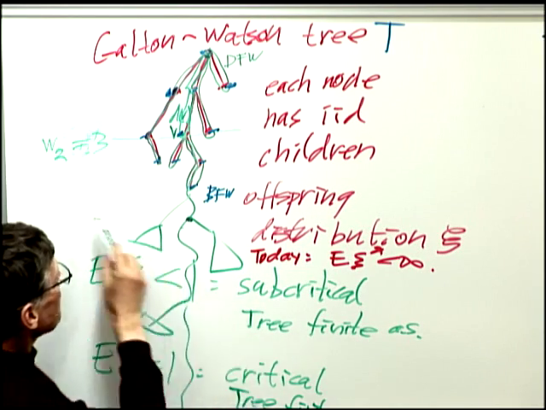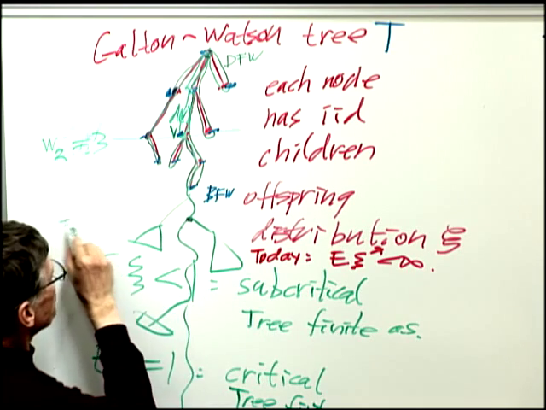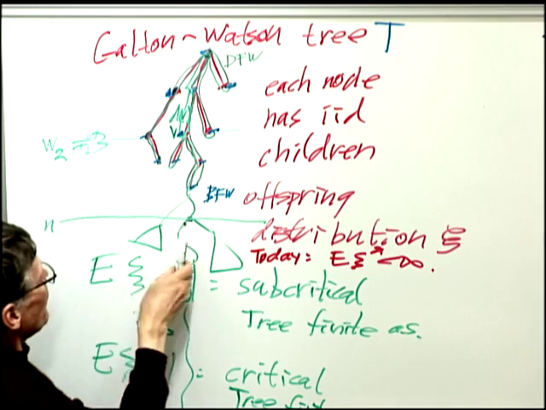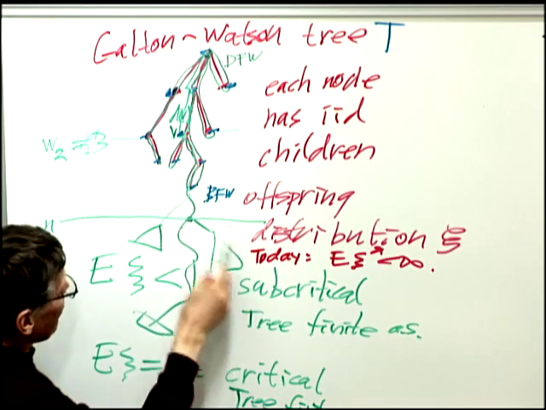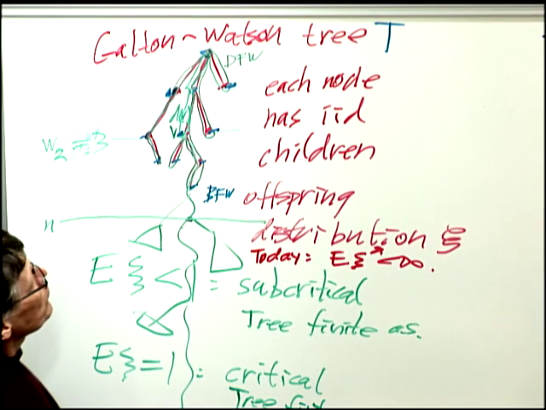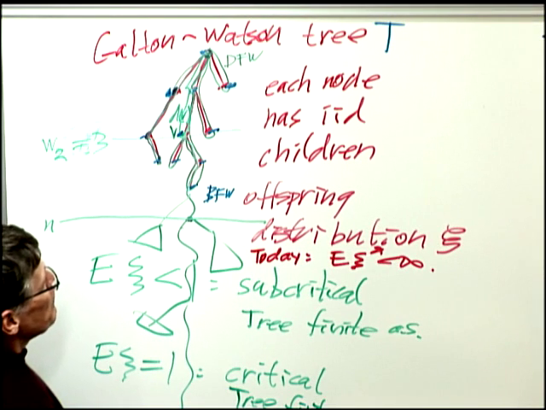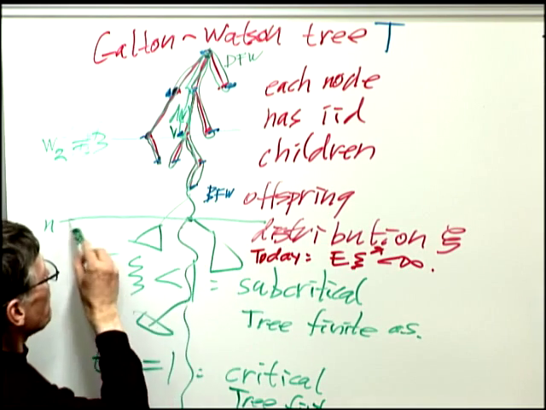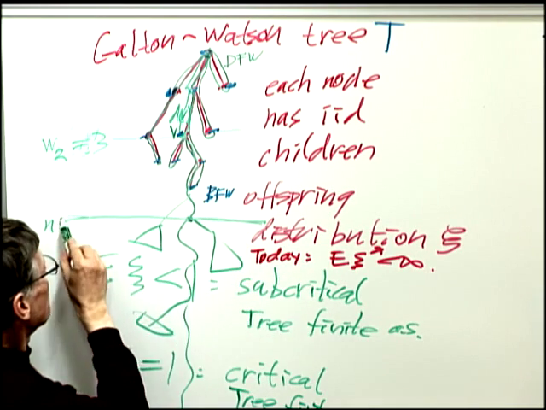It turns out that if one looks at that tree restricted to some height, what we get is the same as taking the Galton-Watson tree and size-biasing it by the number of individuals in this generation here.